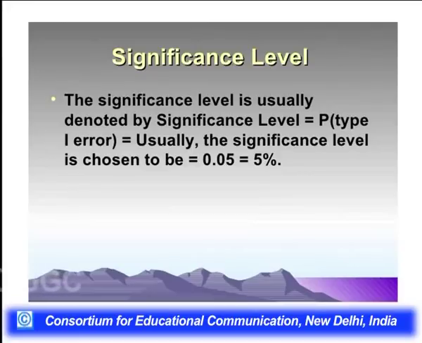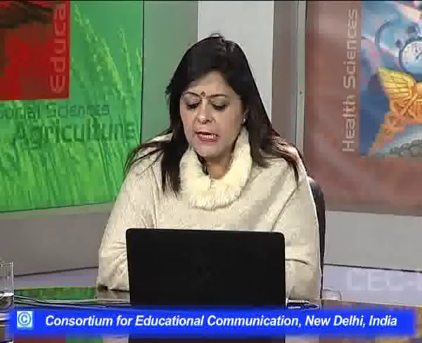The significance level is usually denoted by alpha, where alpha is equal to P(type 1 error). Usually the significance level which is chosen is 0.05, that is 5%.